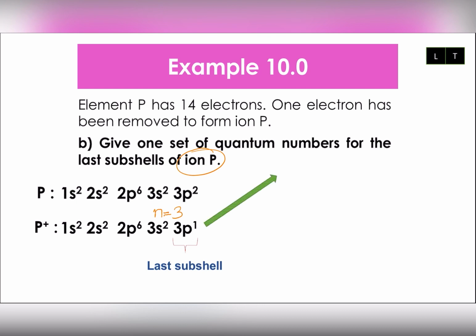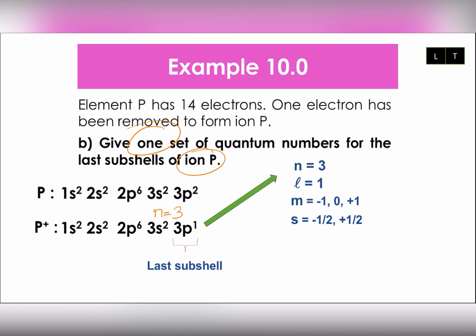Next, how am I going to do this? For 3p, n equals to 3, and p here indicates l equals to 1. For the m value, the magnetic quantum number, we have 3 choices, and for electron spin, we have 2 choices. The question asks for one only, so you don't have to give more than one.